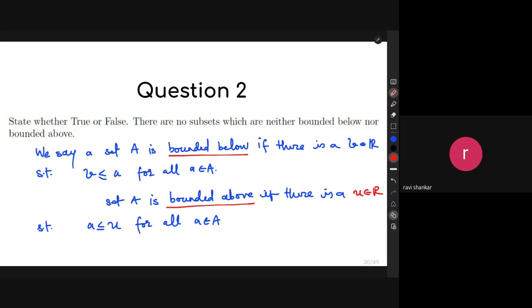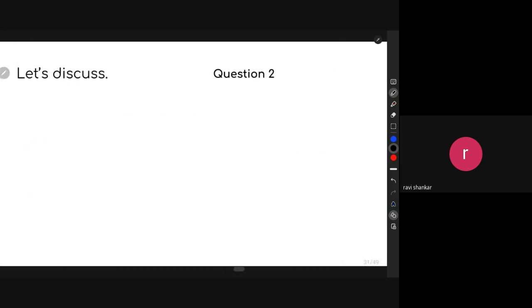So for example, if I draw the real line, and my set is something like this: the set {3, 4, 5}. It consists of only three elements.